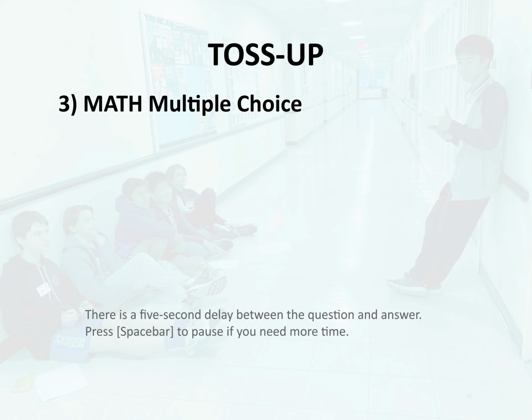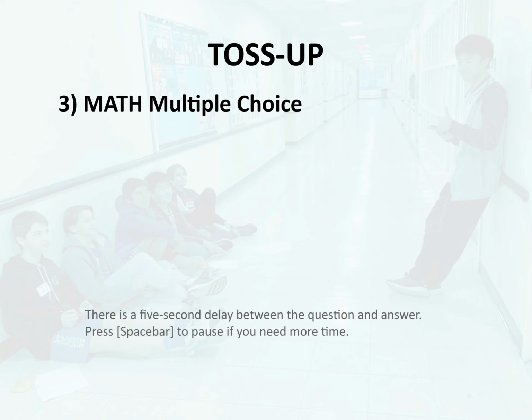Toss-up 3. Math. Multiple choice. A jar contains only red marbles and green marbles. If a marble is selected at random from the jar, the probability that a red marble will be selected is 2/3.